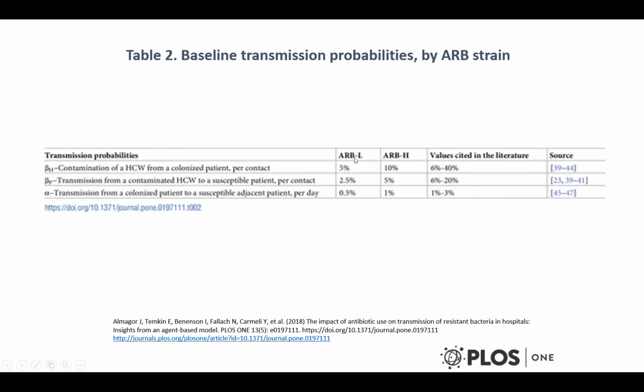So they're saying if you've got an antibiotic-resistant bacteria of low contagiousness, if you have a contact between a healthcare worker and a colonised patient, then the transmission probability is about 5%. It's about double that if you've got an antibiotic-resistant bacteria with high contagiousness.